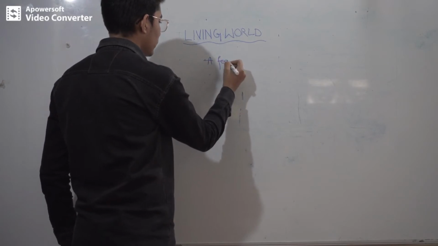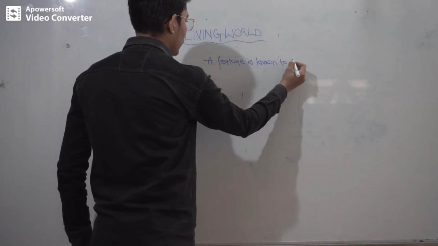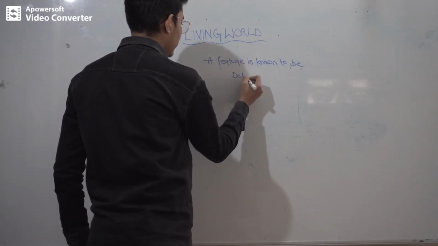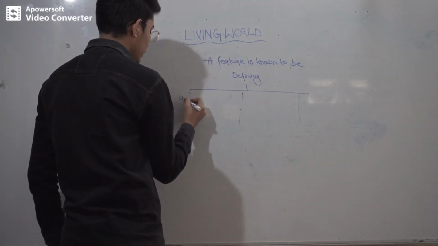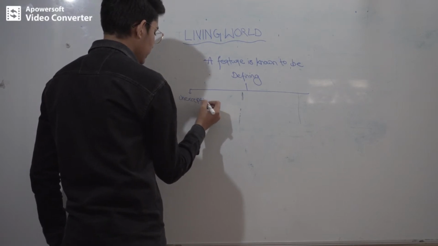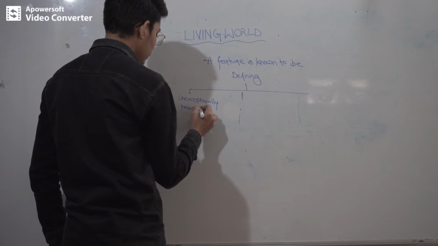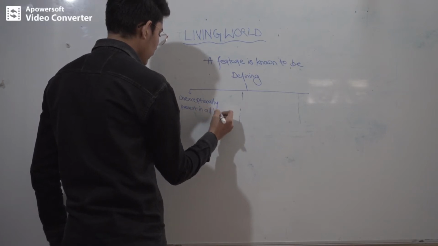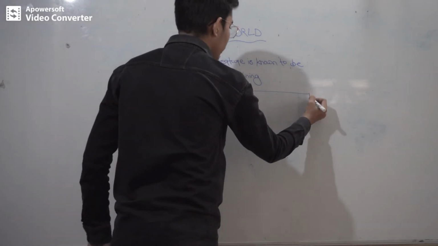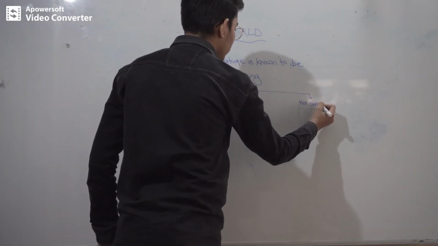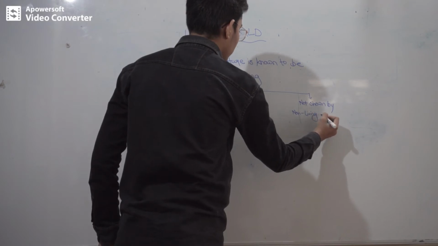A feature is known to be defining when it fulfills two criteria: unexceptionally present in all living things and not shown by non-living things.